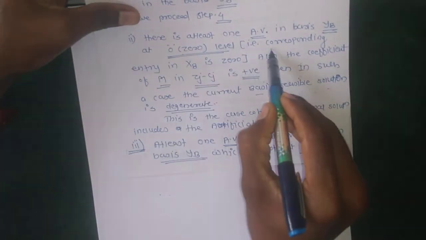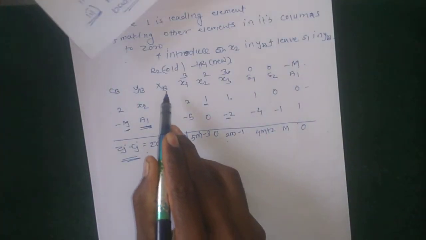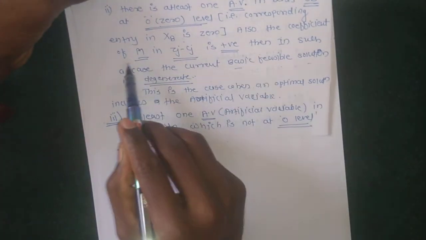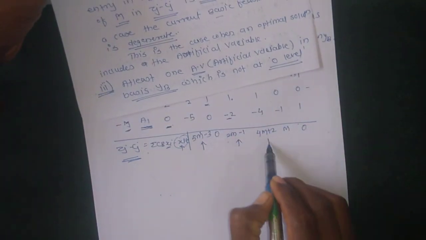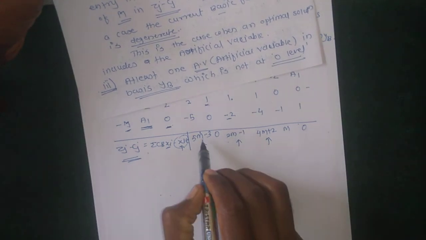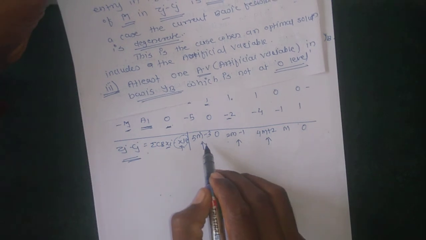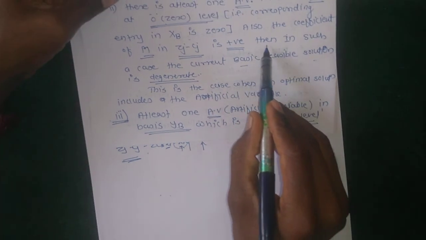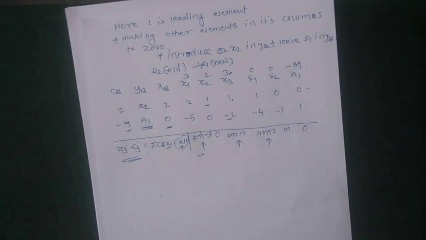At 0 level means the corresponding entry in xb is 0. Here a1 has entry 0 in the xb column, and also the coefficients of M in Zj minus Cj are positive. So for any value of M, all these elements must be positive. Therefore all values of Zj minus Cj are positive. In such a case, the current basic feasible solution is degenerate, and therefore the given LPP has a degenerate solution.